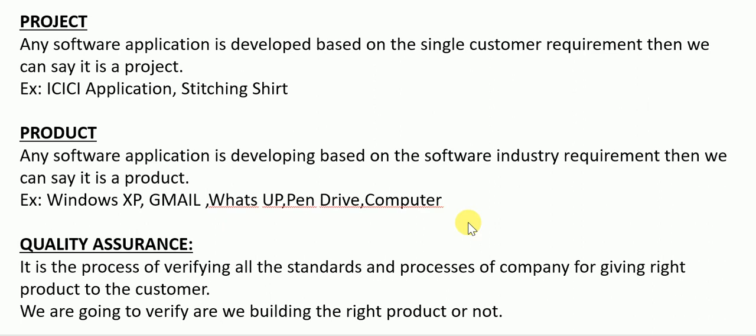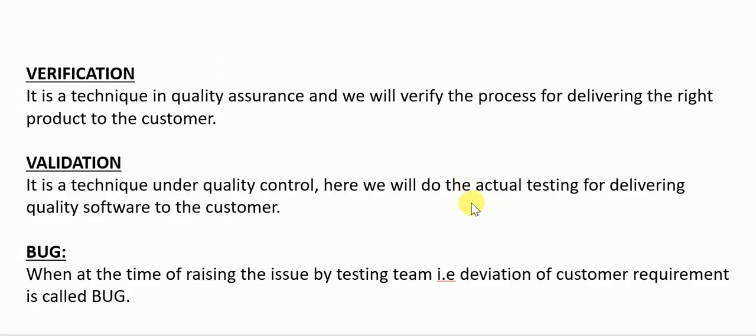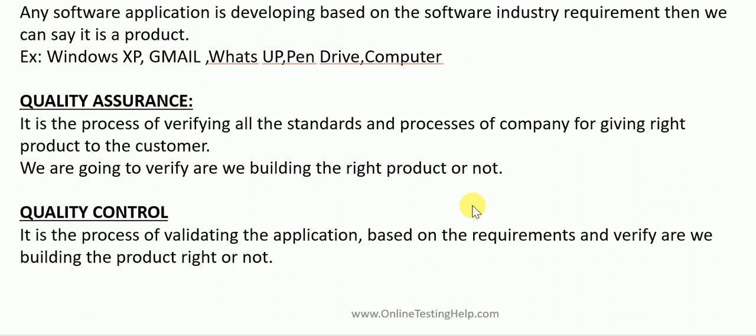Okay. Similarly, what is quality assurance and what is quality control? See, for example, let me go to any shopping mall. What are they going to do? Once you buy any products, while you are coming out, they are going to check your bill and verify what all the products you bought from the shop.